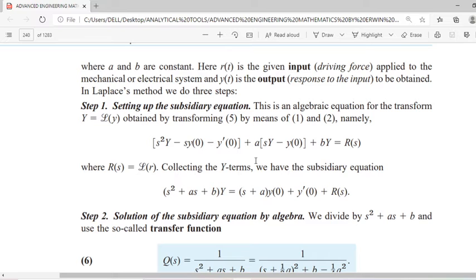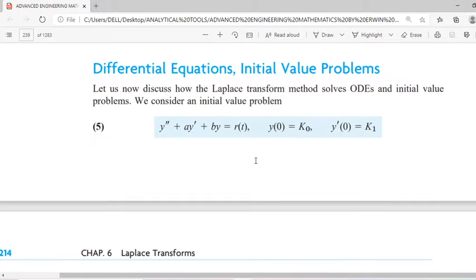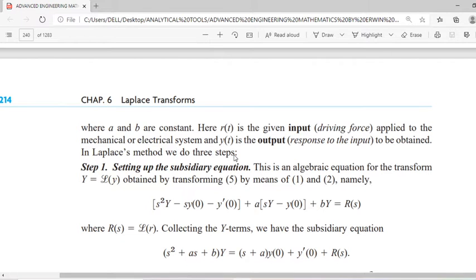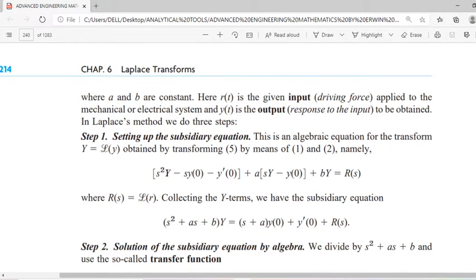First of all, we have to find the Laplace transformation of this equation, y double dash plus a y dash plus b y equals r of t. When we apply the Laplace transformation operator, you can see that this is s square into Y of s, where Y of s means L of y, the Laplace transformation of y, minus s into y of 0 minus y dash of 0, plus a into the Laplace transformation of y dash, that is s into Y of s minus y of 0, plus b into the Laplace transformation of y.